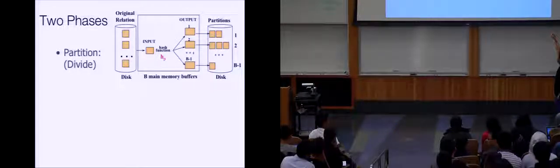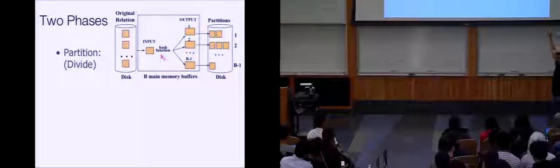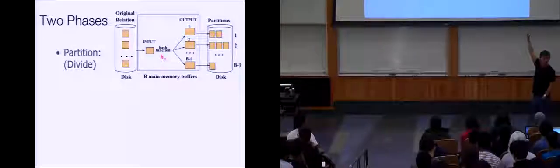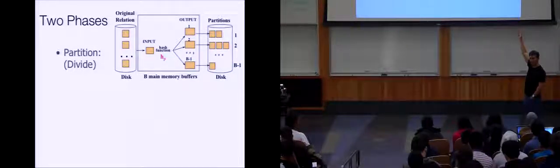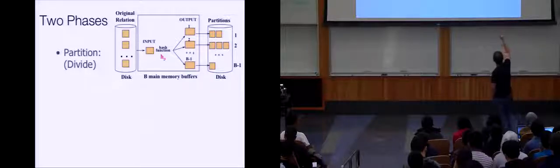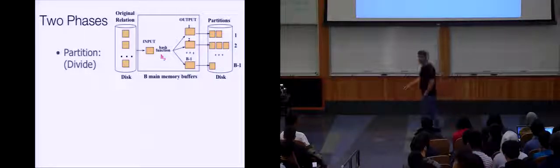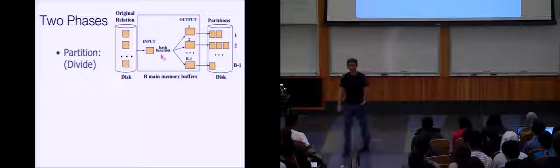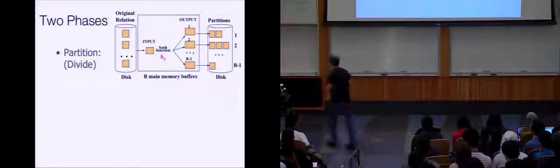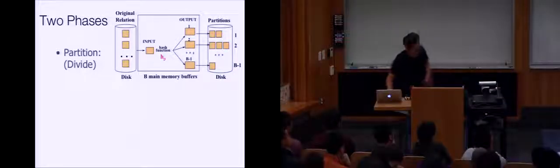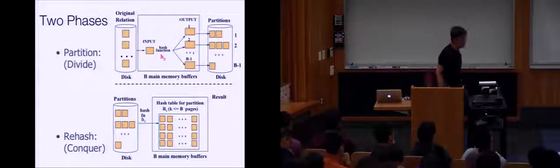So we're going to take it hash mod the amount of memory we have for this algorithm, minus 1. Right? 1 for the input buffer and B-1 for the output buffers. And that's going to generate B-1 partitions on disk. And hey, if each one of those partitions is only B big, then we're done. So in pass 2, we'll read in the partitions one at a time and conquer them.